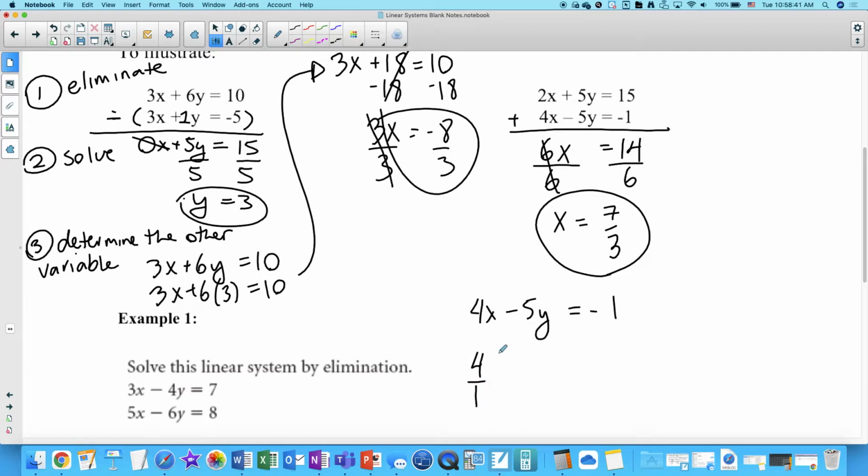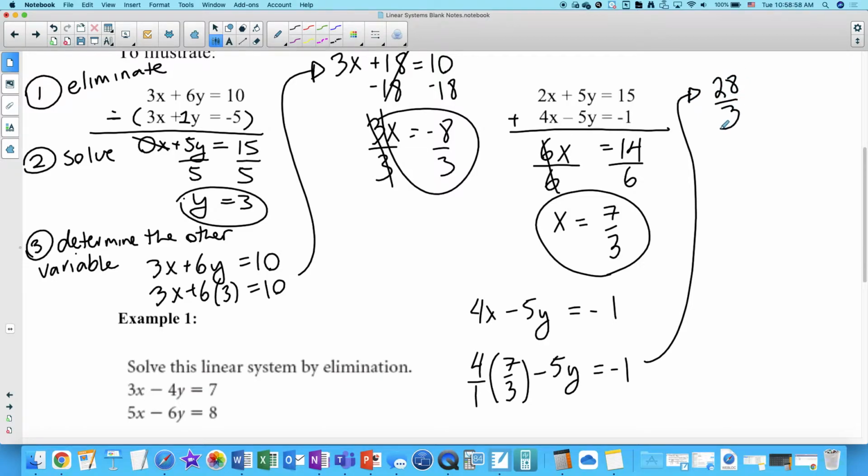And this is 4 over 1, right? Times 7 over 3 minus 5y equals negative 1. And that becomes 28 over 3 minus 5y equals negative 1.